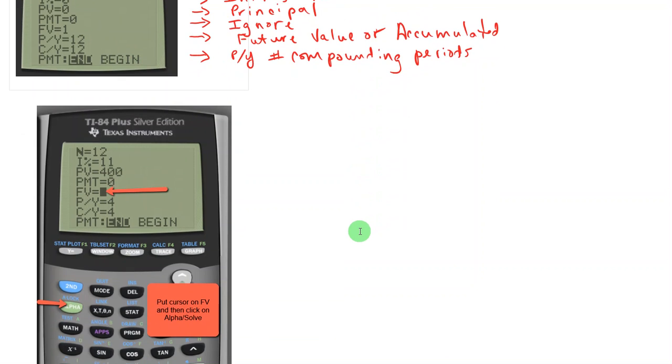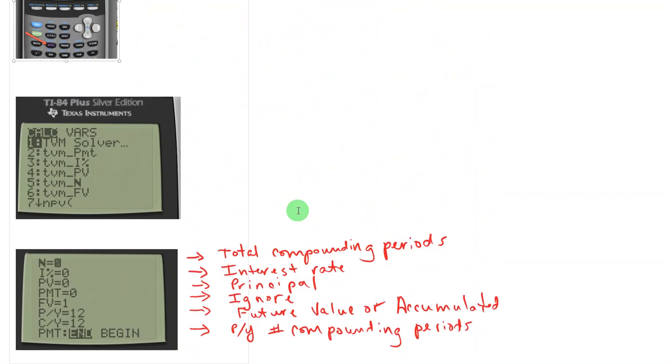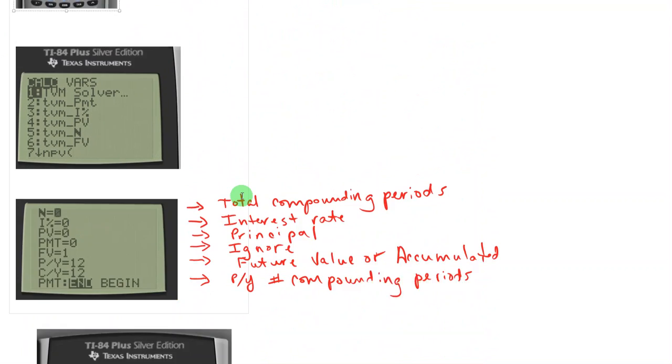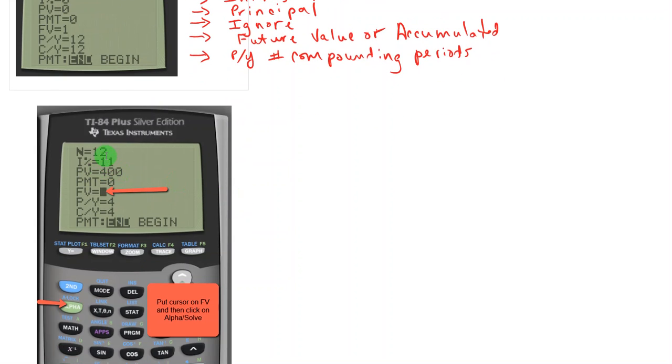Okay. And so when you're ready to solve, like this is put information in from this example, $400, 11% quarterly. So quarterly 4 times a year for 3 years. So my N was 12, my I% is 11 for the interest rate, and then I put in $400. This was 4 because it was quarterly. Then I get back to future value.